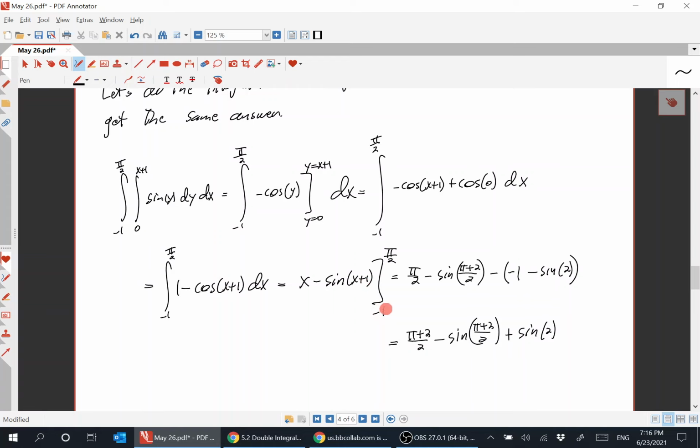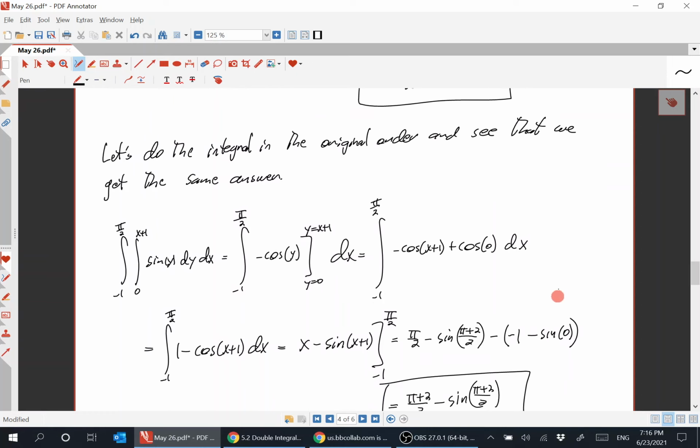So it's not sine of 2, it's sine of 0, right? So it's pi over 2 minus sine pi plus 2 over 2 minus negative 1. This is negative 1 minus sine of 0, not sine of 2. Sine of 0. So same answer as before, see?